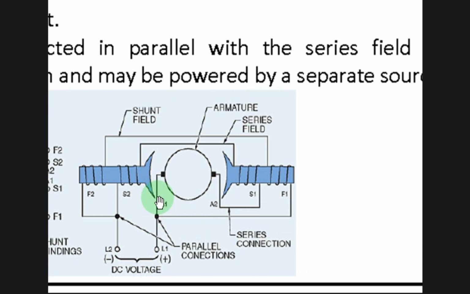And then the other winding, that is this one, which is parallel to these two windings, like this, right? So this is what we call the compound self-excited DC machine.